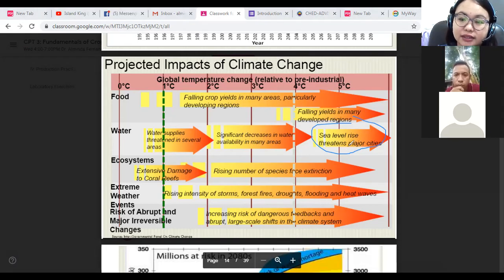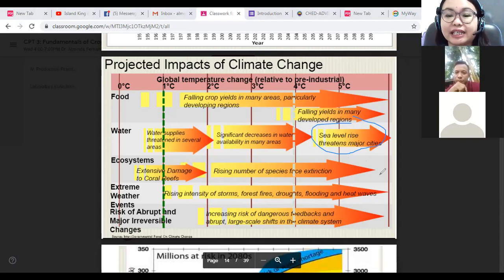The scientists have been explaining that if the temperature gets high, the polar regions, the north and south poles, which are parts of the world that have ice, glaciers, will melt, and that's why the sea level will rise. And with that, the water supply will also decrease.